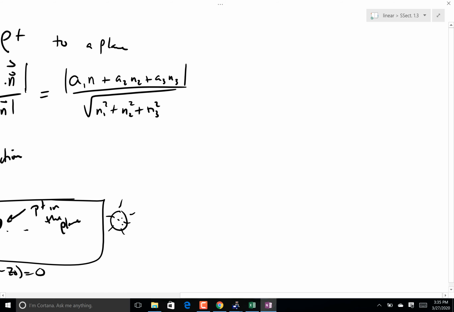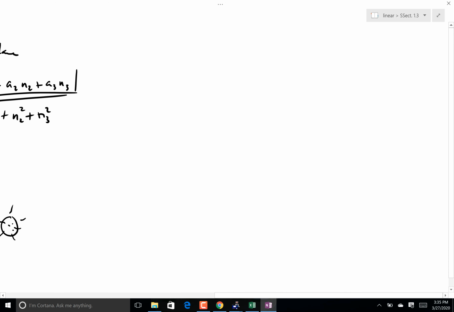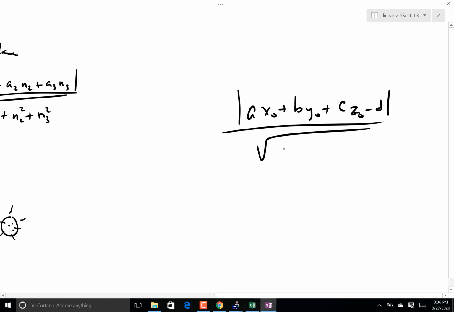Okay, now the way the book writes it, and it's a nicer formula, if you will, is the absolute value of A x naught plus B y naught plus C z naught minus D over this guy. Now be careful. Remember, N is technically A, comma B, comma C. So don't weird it out about that.